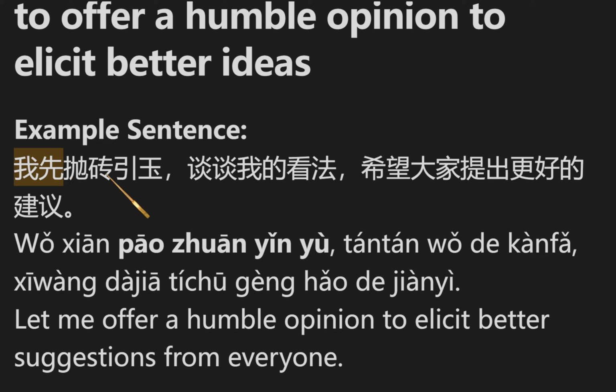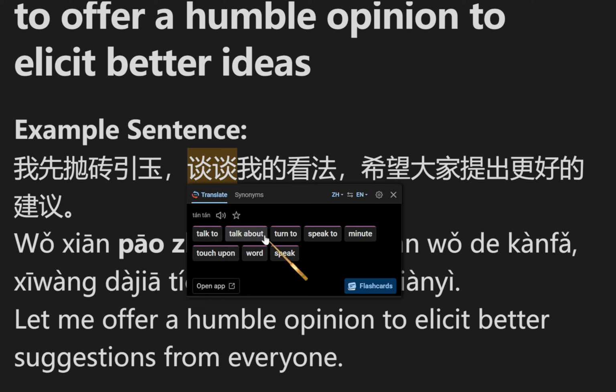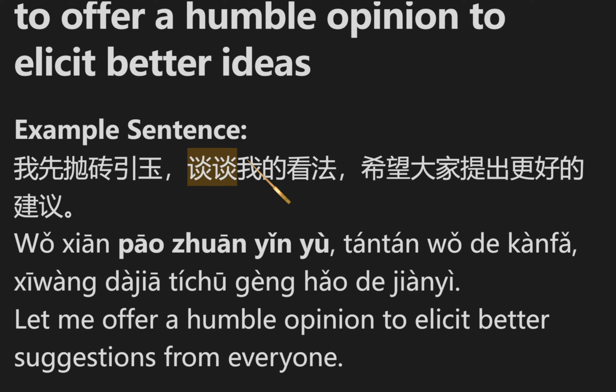So you can 谈谈我的看法, talk about my view. 希望 I hope, 大家提出 everyone suggest, 提出更好的建议, more good suggestions.